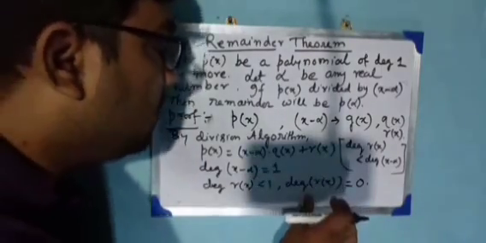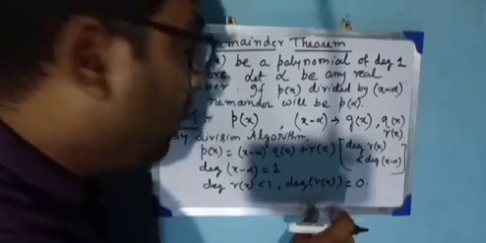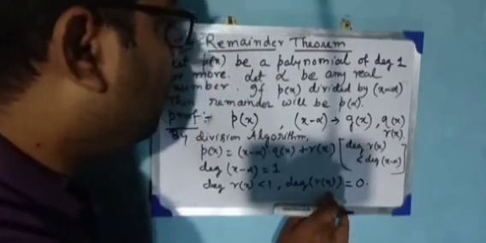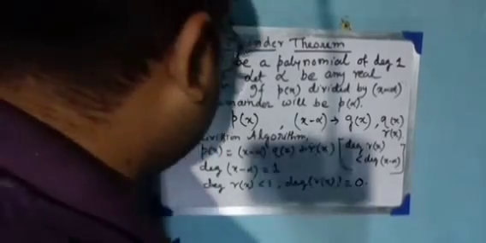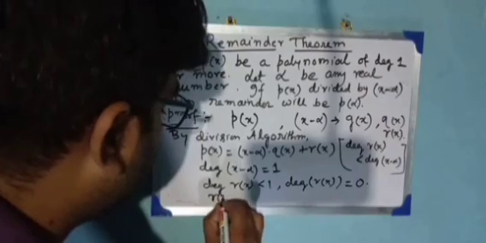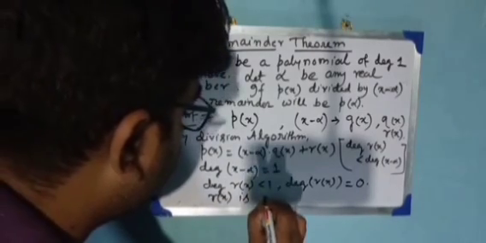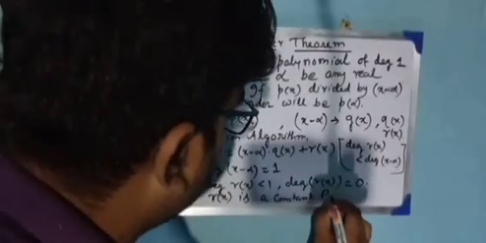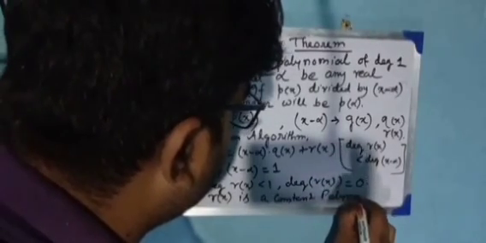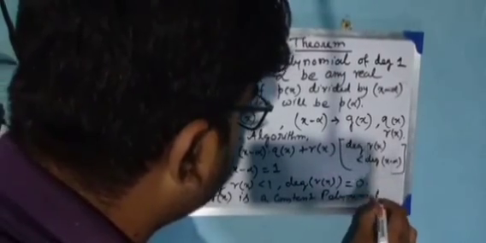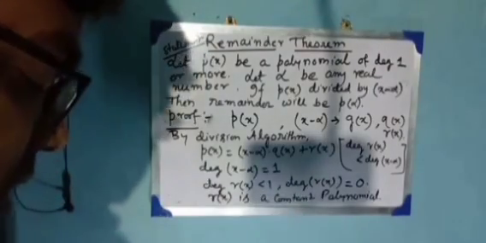It is possible only when r(x) is a constant polynomial. That's why the degree is 0. So r is a constant polynomial.